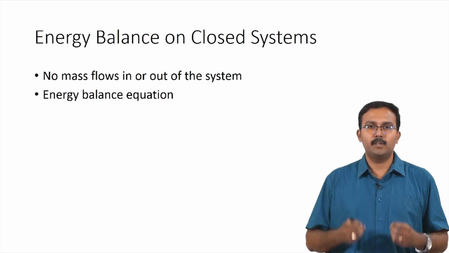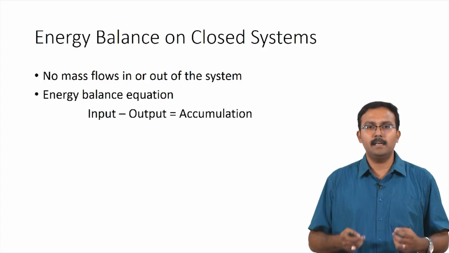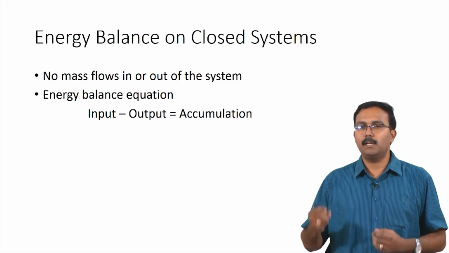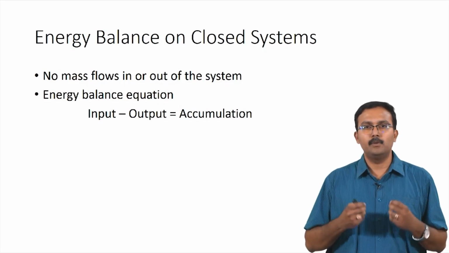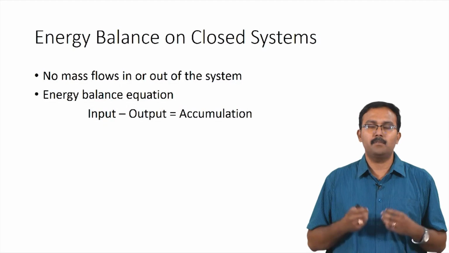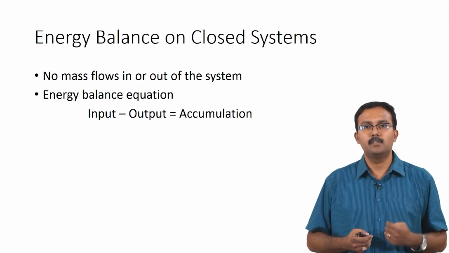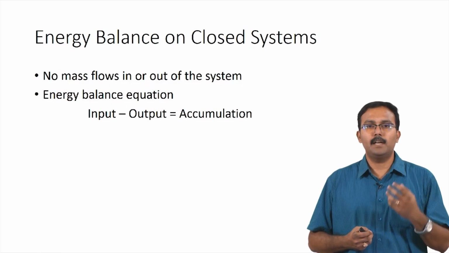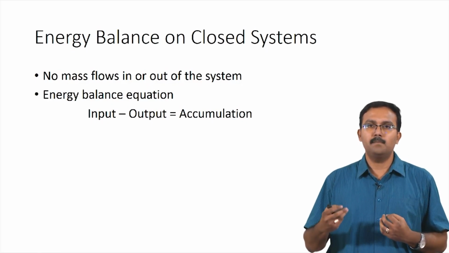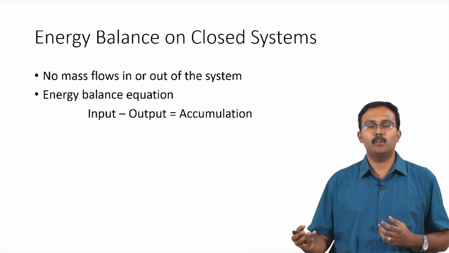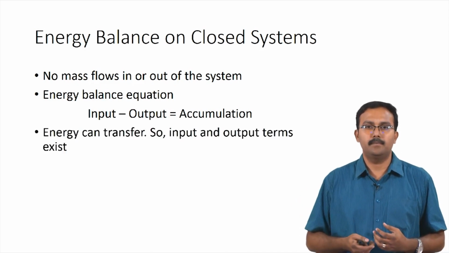The energy balance for this would be written like input minus output equals accumulation. So, you do not have generation and consumption terms for energy, because energy can neither be created nor be destroyed. So, this means input and output are the only terms which you would have, and accumulation will go to 0 at steady state.